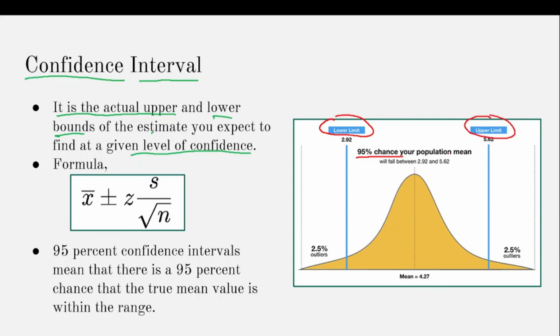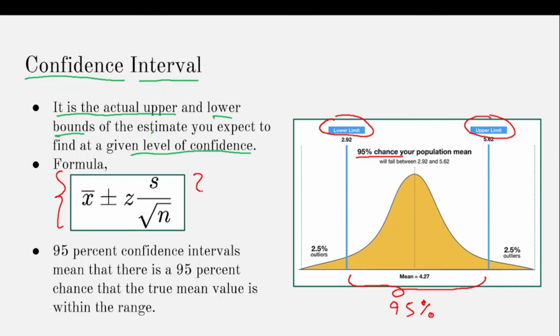After defining these limits, I can say that 95% of the data points or 95% of the observations will lie within this lower limit and upper limit. Within this confidence interval, 95% of the observations will lie. So, 95% confidence interval means that there is a 95% chance that the true value is within the range.